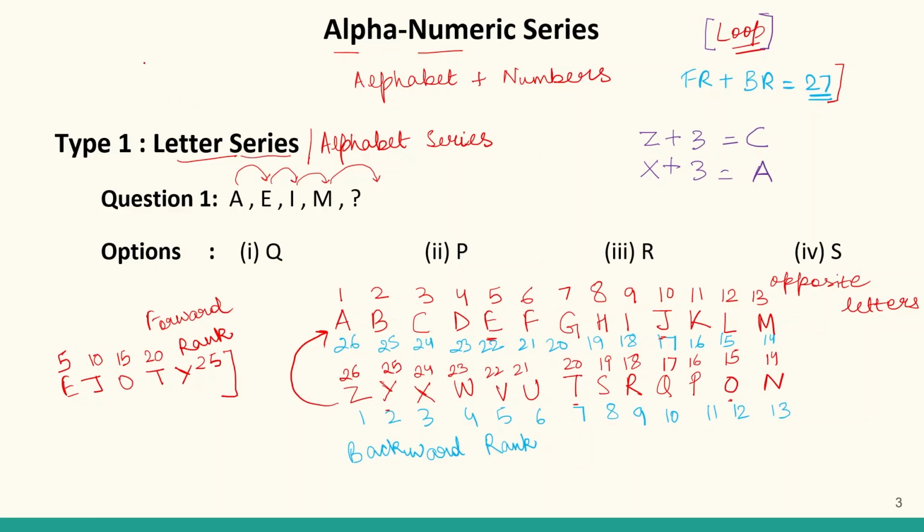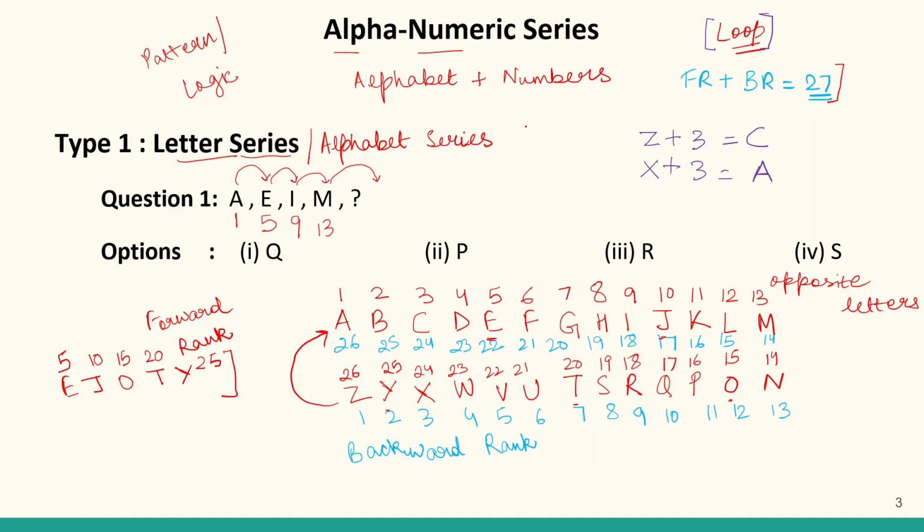We basically identify a pattern or a logic to come up to the next term or the missing term. So if I put ranking over here, A will be ranked at 1, E will be ranked at 5, I will be ranked at 9, M will be ranked at 13. So we have to find the next term.